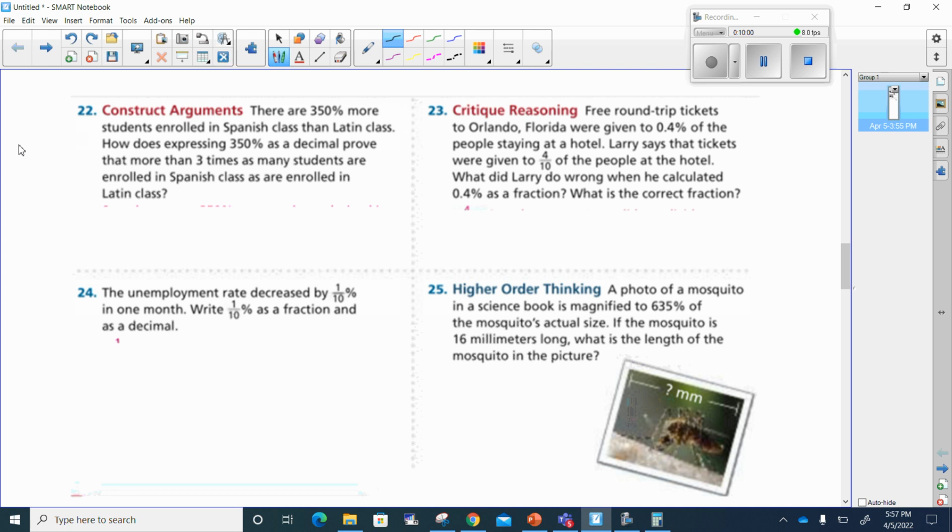So if I took 350%, right off the bat as a decimal, when I move that over twice, that'd be 3.5, right? So this is 3.5 times as many as a decimal, right? Or we put 3 times 0.5 as many.